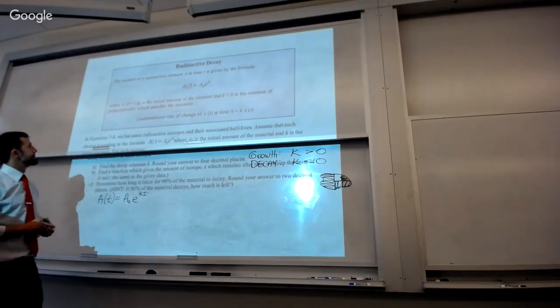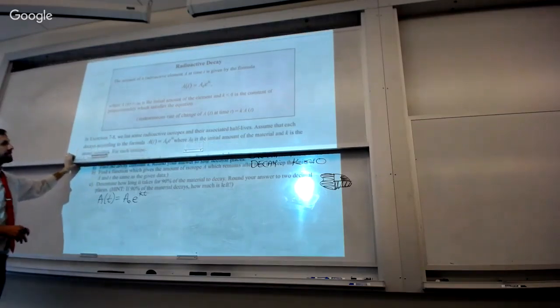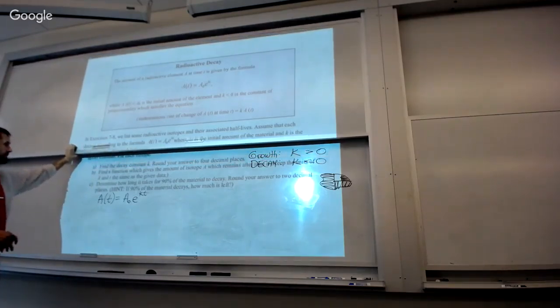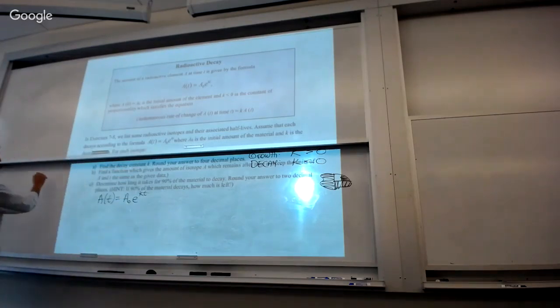So let's go ahead and take a look at our first question. They are saying for each problem, solve for K. We can do that. So part A, solve for K. Then it says find the function, so just write the function down using the K value that we found. And finally in part C, determine how long it takes for 90% of the material to decay.